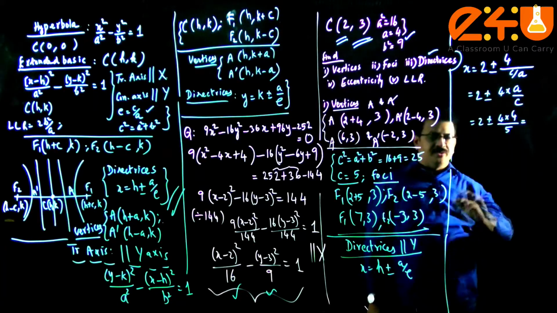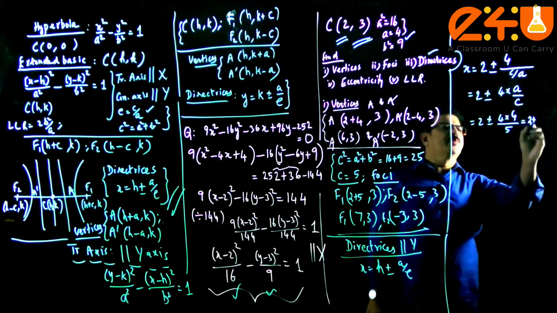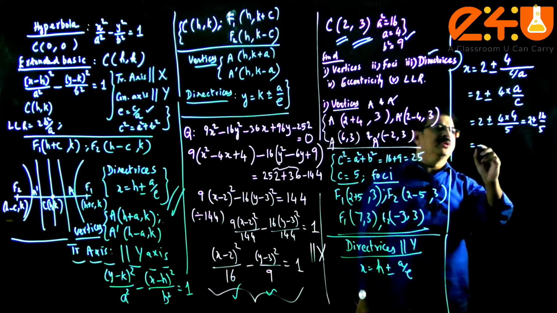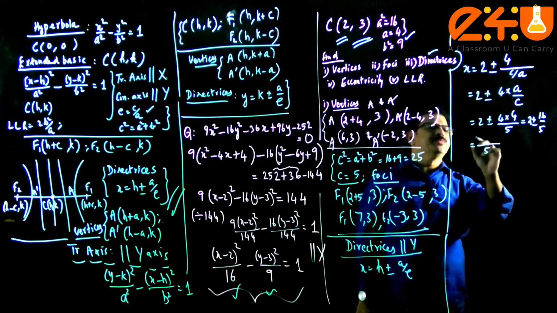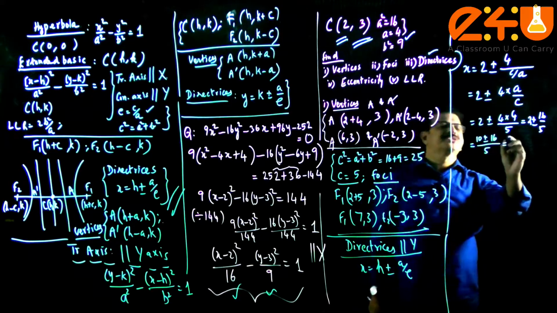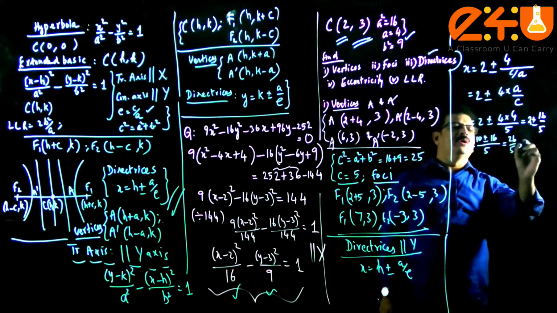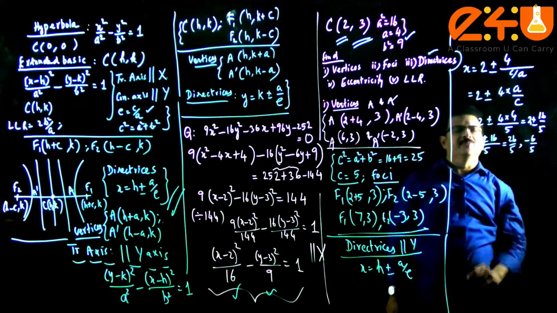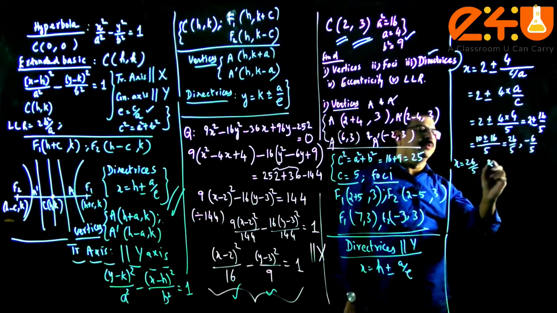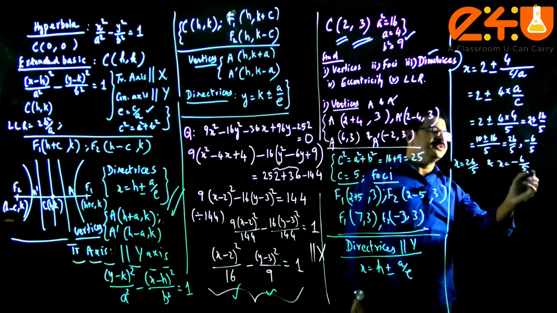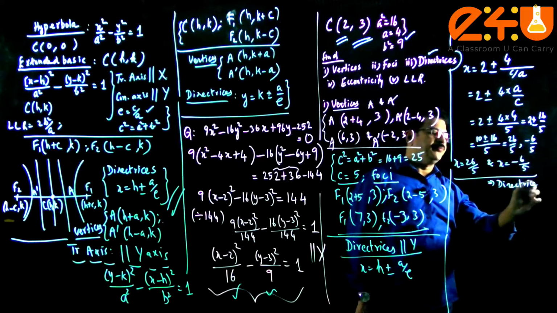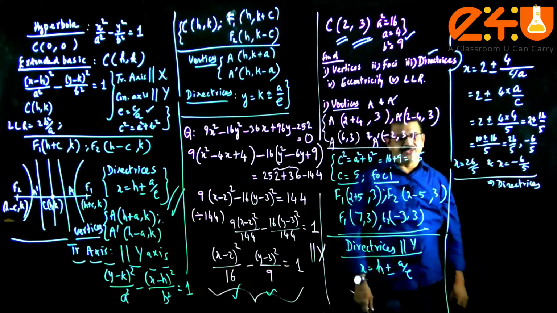So it is 2 plus or minus 16 by 5. So it is 5 LCM, 10 plus or minus 16. So that makes 26 by 5 or minus 6 by 5. So you can say x is equal to 26 by 5 and x equal to negative 6 by 5 form the directrices.